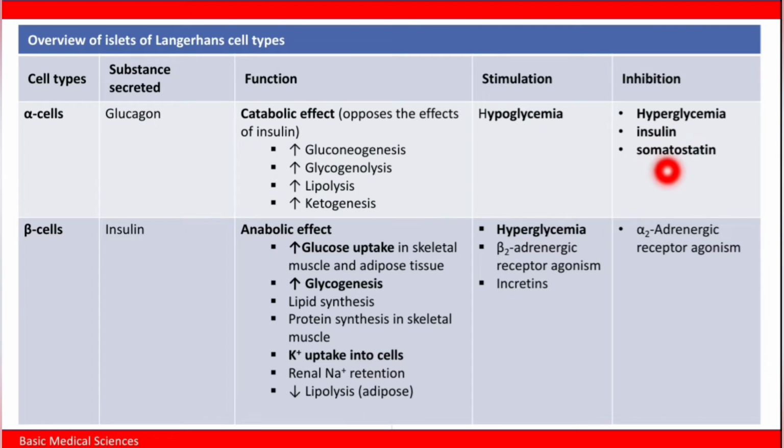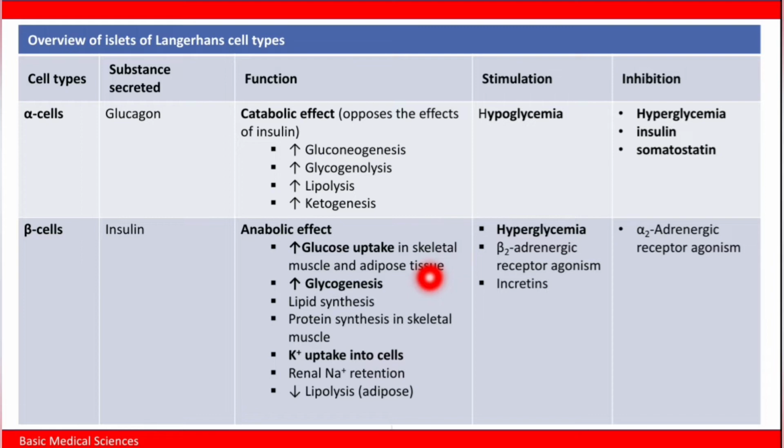Next, we'll talk about the beta cells. The beta cells secrete insulin. Insulin has an anabolic effect, opposite to glucagon, right? So what does it do? It increases the glucose uptake in skeletal muscles and adipose tissue. It increases glycogenesis, the synthesis of glycogen.